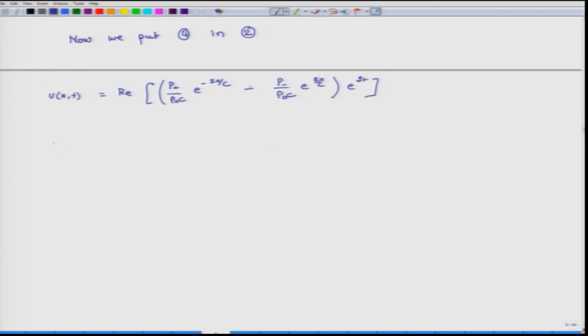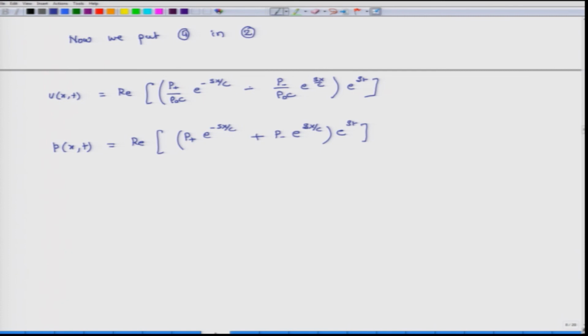And we already have the transmission line equation for pressure, and that is real of p plus e to the power of minus s x over c plus p minus e to the power of s x over c, times e to the power of s t.